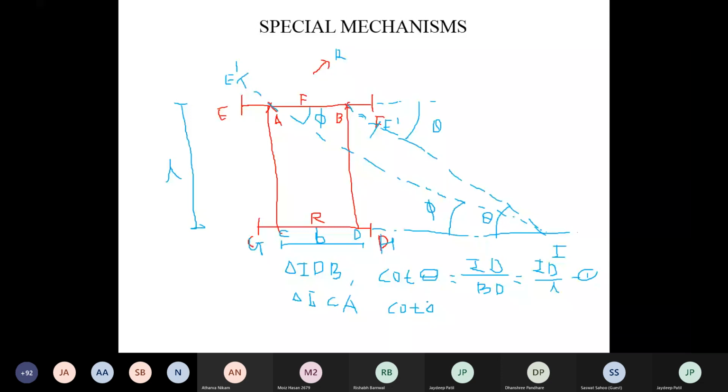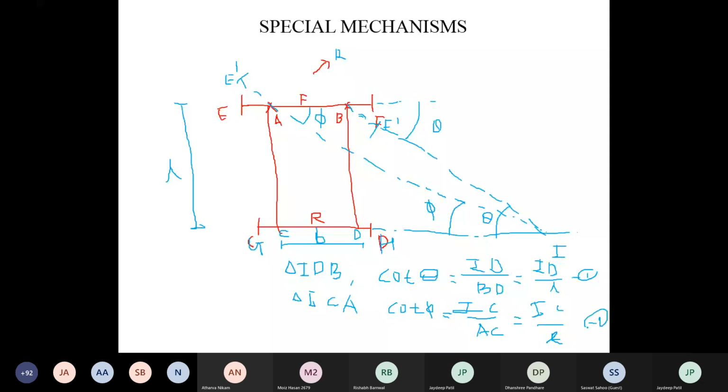Cot phi is equal to CI upon AC, means IC upon AC. Or you have to write down IC upon AC is equal to again the distance between front and rear axle L, IC upon L. This is the small L second equation. Okay.